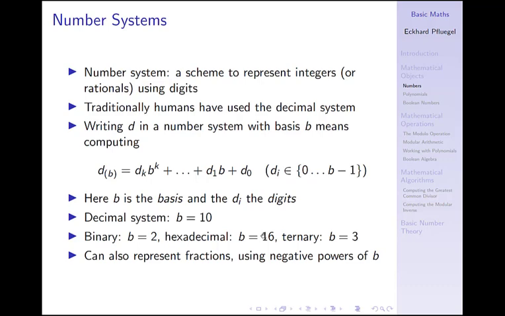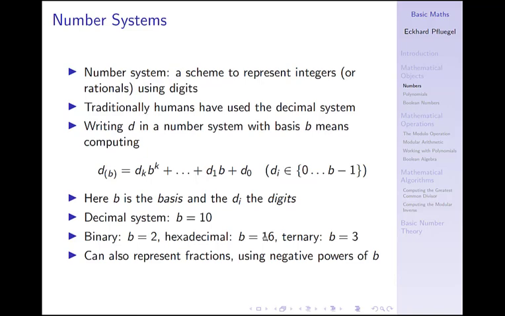If they're greater than 9, then we introduce an abbreviation: we say A for 10, B for 11, until F for 15. I'm sure you've seen hexadecimal numbers written somewhere. Well, that's exactly what it is. It's an expression of an integer using the base 16 number system.